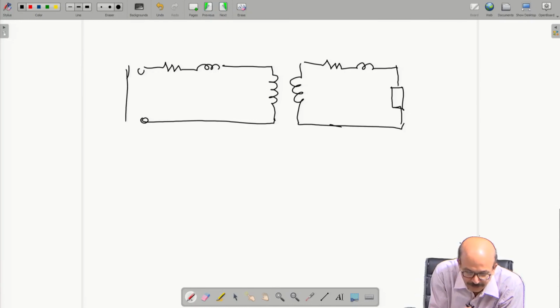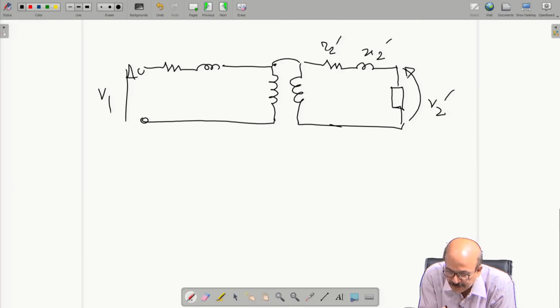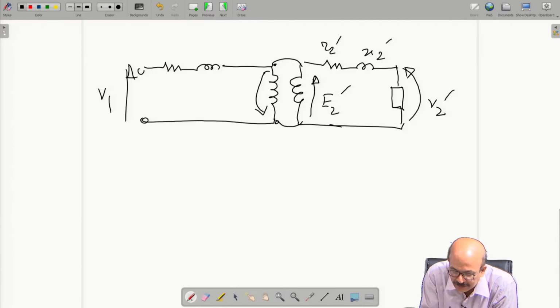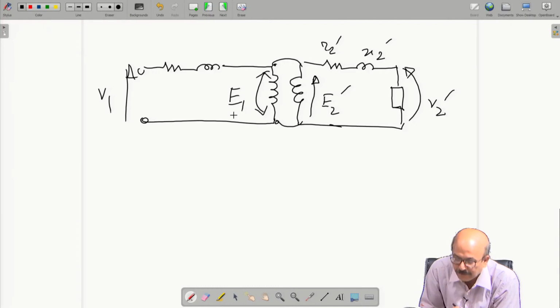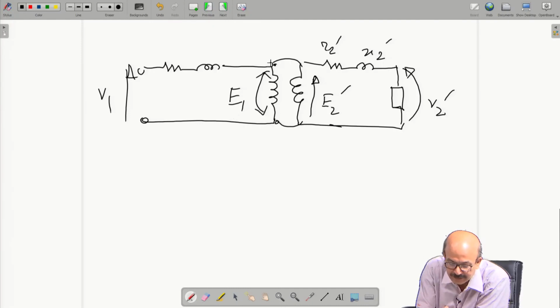So here this is V1, on this side we say V2 dash, this side R2 dash, this side X2 dash, right? And then suppose we connect this one and this one, E2 dash is equal to E1 on this side, and this is E1, right? We can do that because voltage wise they are the same, and this is an ideal transformer.